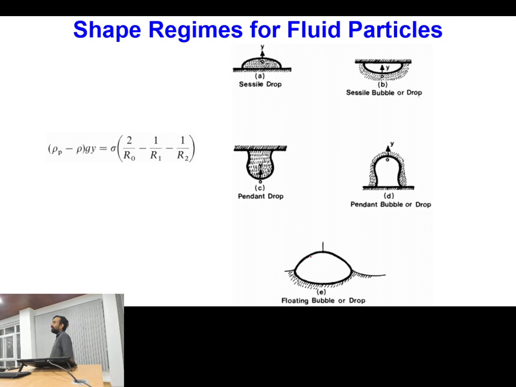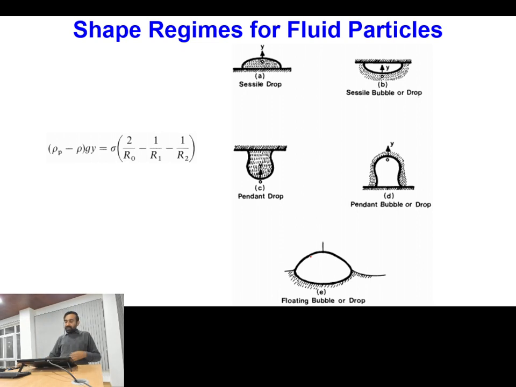Once you have equilibrium of these forces, there will not be any further deformation in the shape of the particle. If the normal and tangential forces are not balanced, you will find deformation in the shape of the particle. Is this point clear? If you have an unbalanced situation, your shape will continuously evolve till a new equilibrium is established.